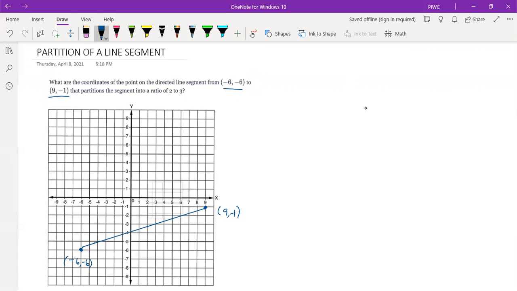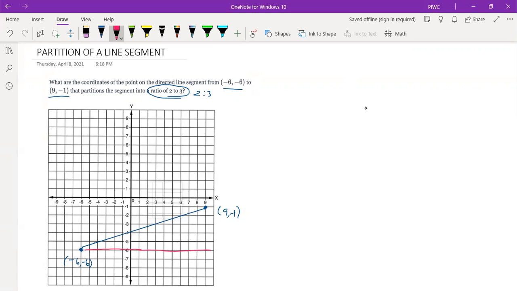So to partition this line into a 2 to 3 ratio, first, we have to draw a horizontal line between the two x values, right? So draw a horizontal line from that endpoint to the other x value right here.